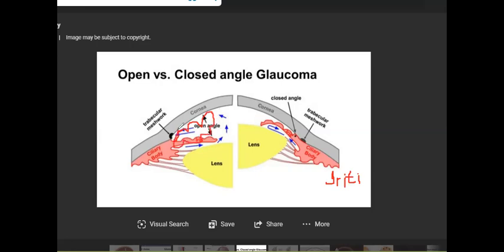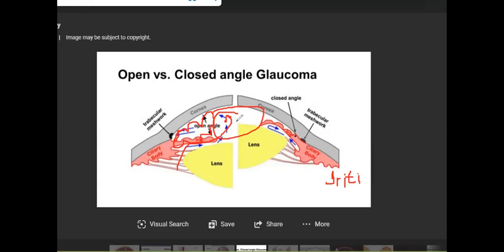So what is happening now is the humor can flow from here to here, and then it accumulates in this aqueous chamber, and it will not flow through the trabecular meshwork because the iris gets stuck to the cornea. So when the iris is inflamed in iritis, it gets stuck to the cornea, it is attached, so it blocks this aqueous humor pathway.